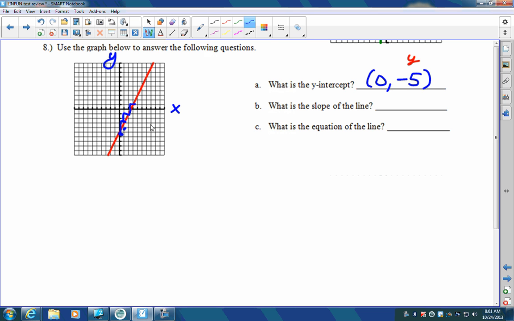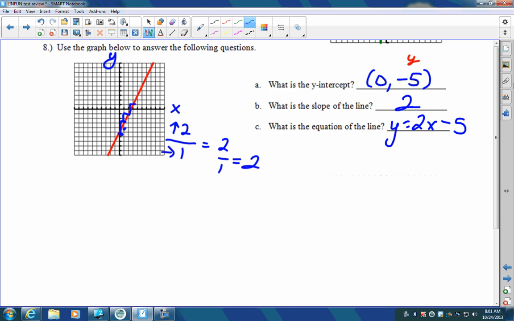You have to keep checking it on the line to make sure you weren't off the first time. So I went up 2 and to the right 1. Well, 2 divided by 1 is 2. My slope is 2. Your equation, y equals the slope, 2x, and the y-intercept -5.